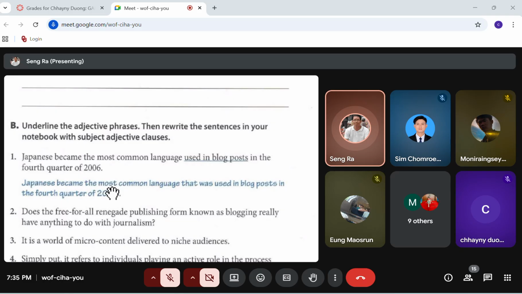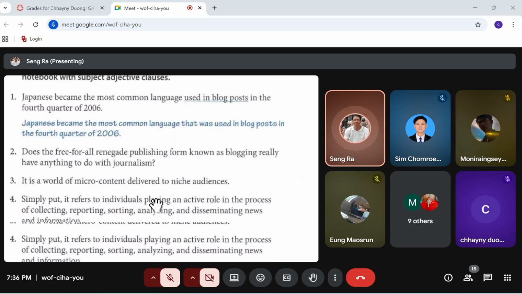The Japanese became the most common language that was used in blog posts in the fourth quarter of 2006. So we convert from a phrase to a clause, in this way. So you do the same for this one.